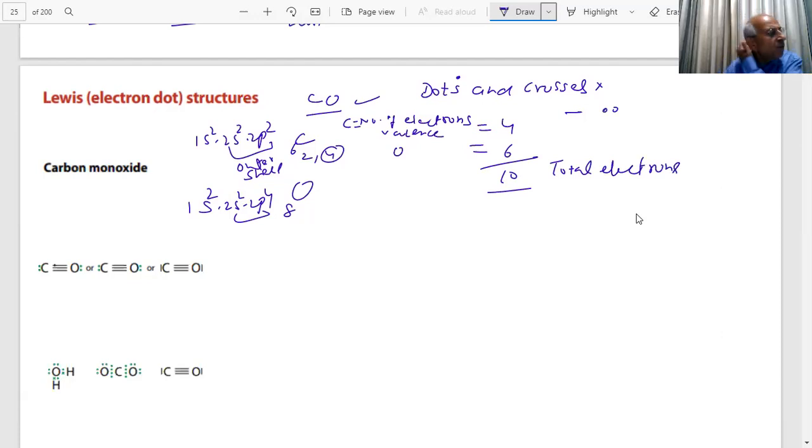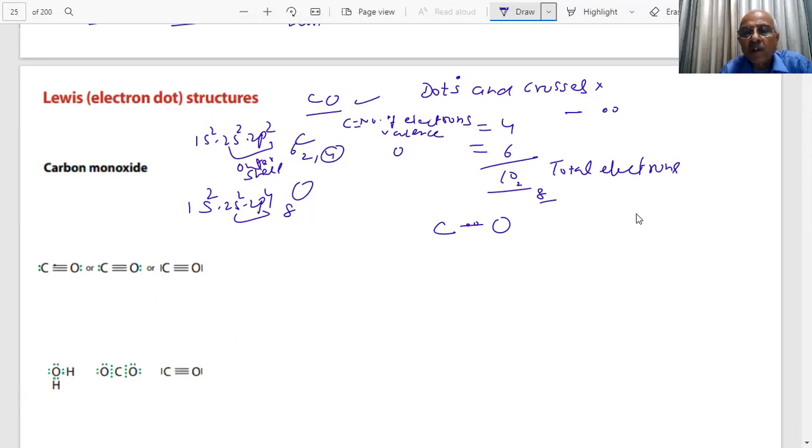Then how will we distribute so that each gets 8 electrons? First you draw one line. One line is how many electrons? 2 electrons. If I take 2, how much is left? 8 electrons. Now with the 8 electrons, what will I do?